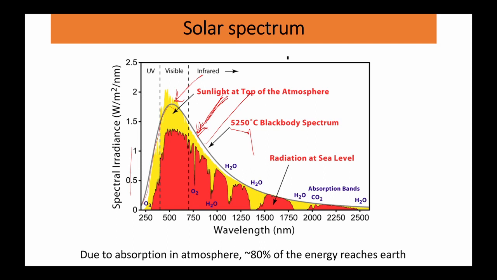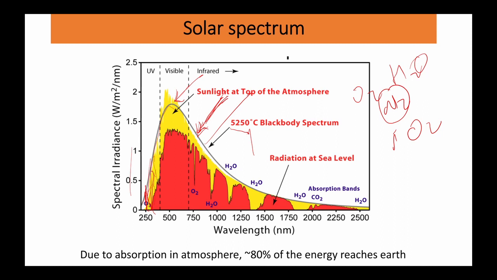There are several gases: oxygen, H2O water vapor, N2 nitrogen, carbon dioxide, carbon monoxide, and ozone, which is this part as we can see. Ozone protects us from UV radiation, and this UV region is absorbed by ozone.